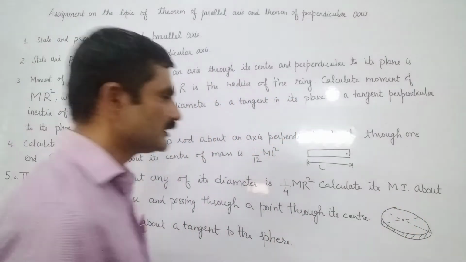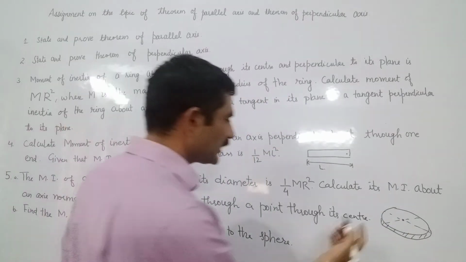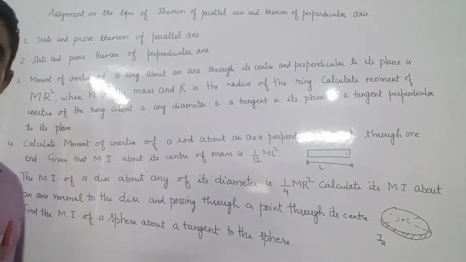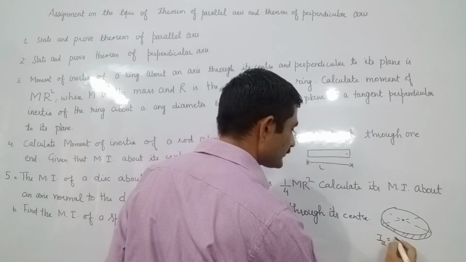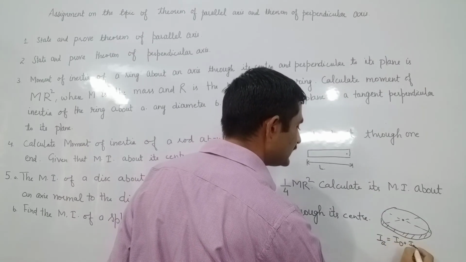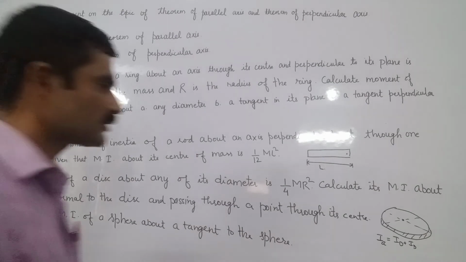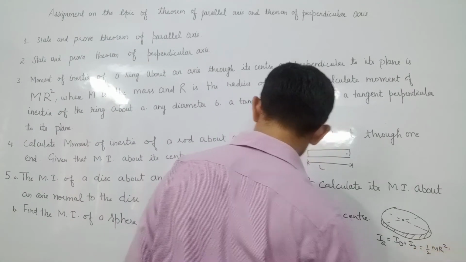So again, we will make use of theorem of perpendicular axis, and the moment of inertia about an axis perpendicular to its plane will be equal to the sum of the moments of inertia of the disc about the two mutually perpendicular diameters. So its answer would be 1 by 2 MR square.